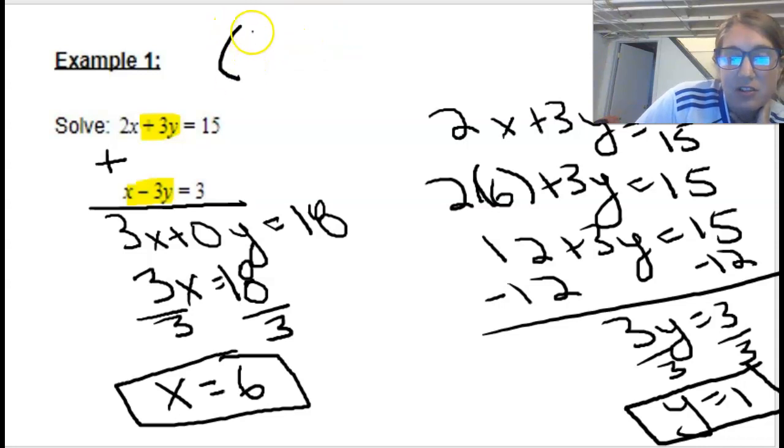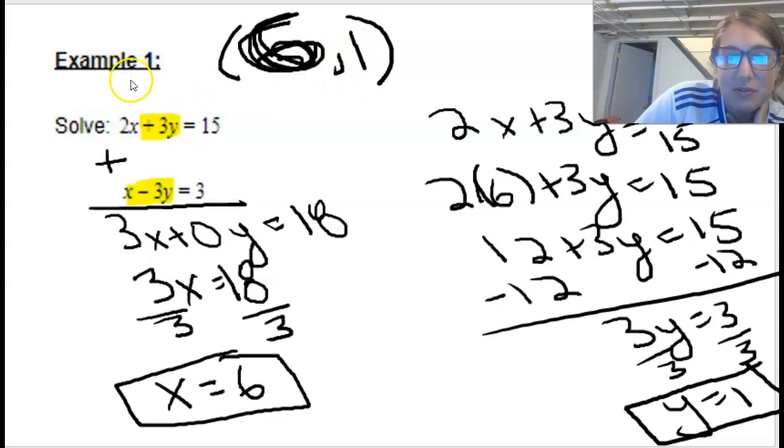So my final answer is 6 comma, ooh, that is not a good looking 6. We're going to make it work. 6 comma 1, because it wants my answer as an ordered pair, so that's how I'm going to write my final answer.